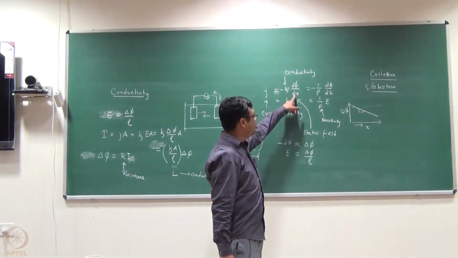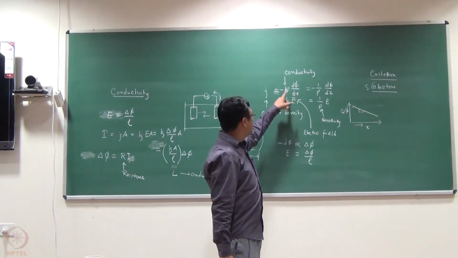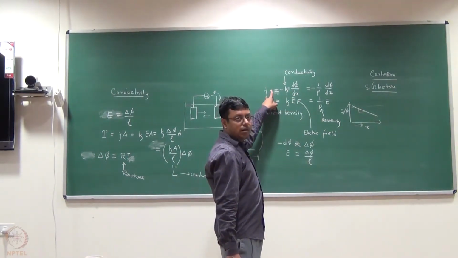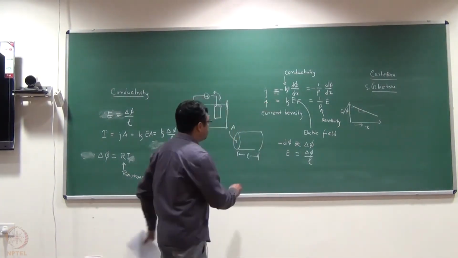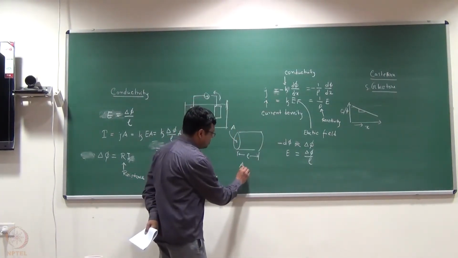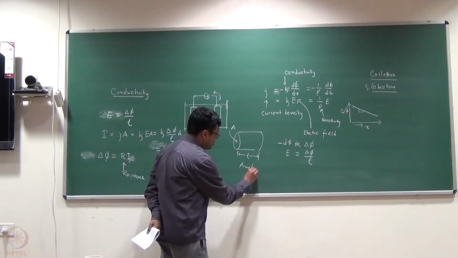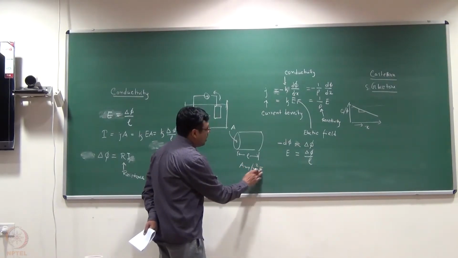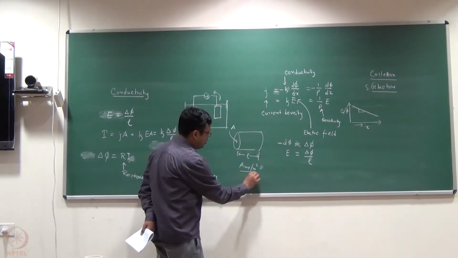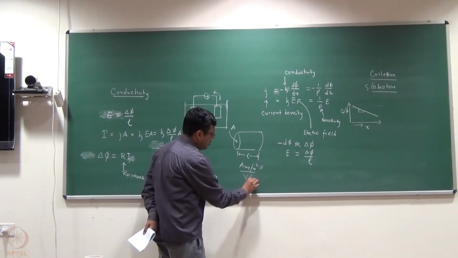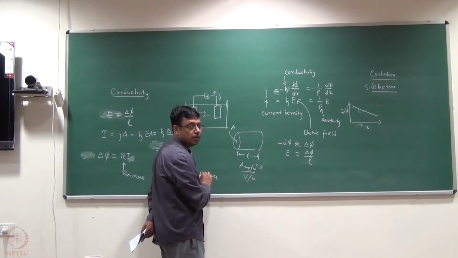Similarly, what will be the unit of kappa? This is ampere per meter square, divided by volt per meter, which is basically the electric field.